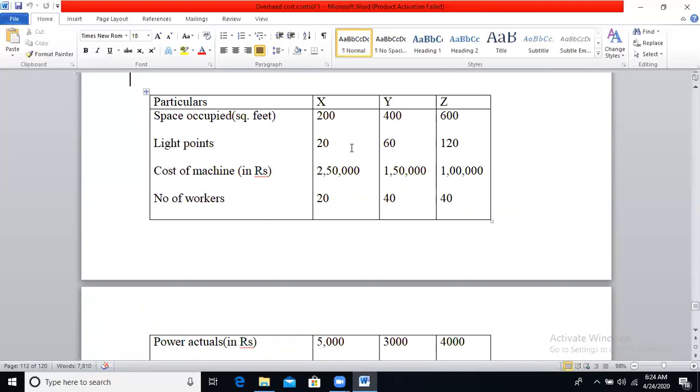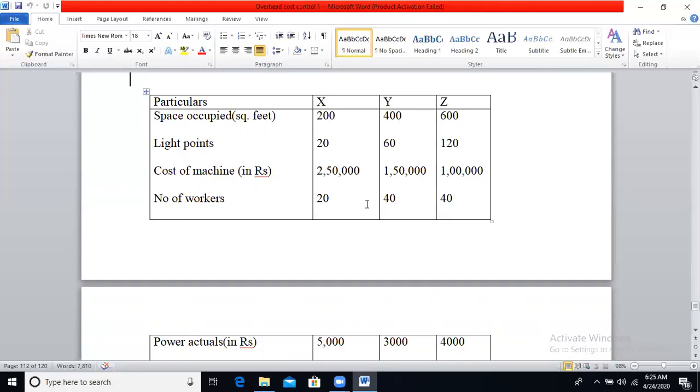If you divide this by 2, 1 is to 3 is to 6. Then for cost of the machine, remove 4 zeros, you will get 25 is to 15 is to 10. You can divide this by 5: 5 is to 3 is to 2.